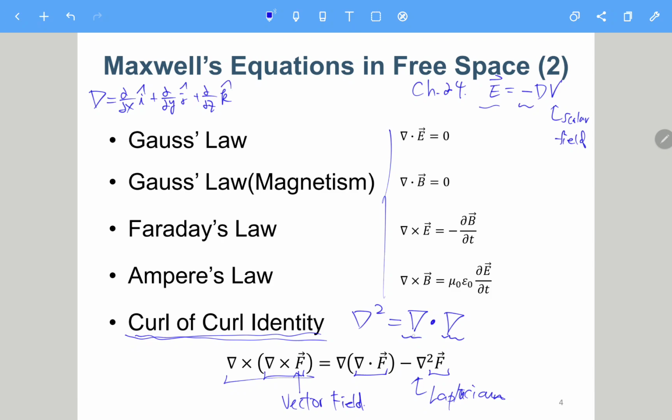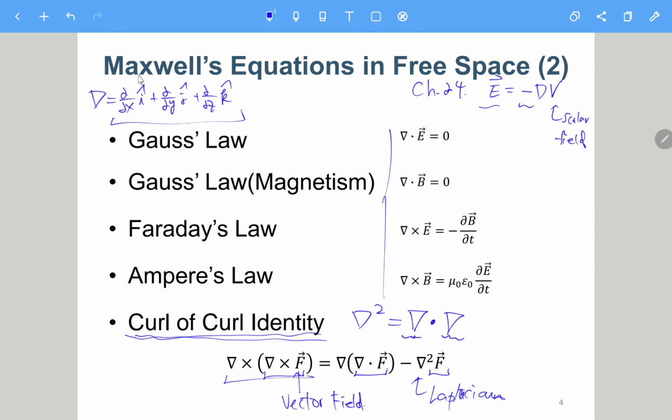If you have the gradient dotted with the gradient, you will have this dotted with itself. So you have nine terms: I dotted with I, I dotted with j, I dotted with k, and then j dotted with I, j dotted with j, j dotted with k. Altogether we will have 9 terms, but 6 of them will be 0.